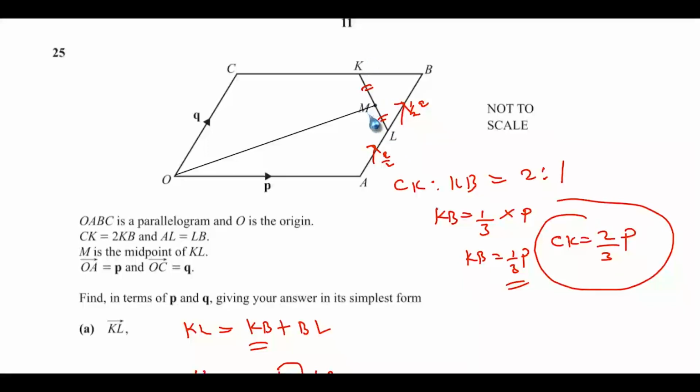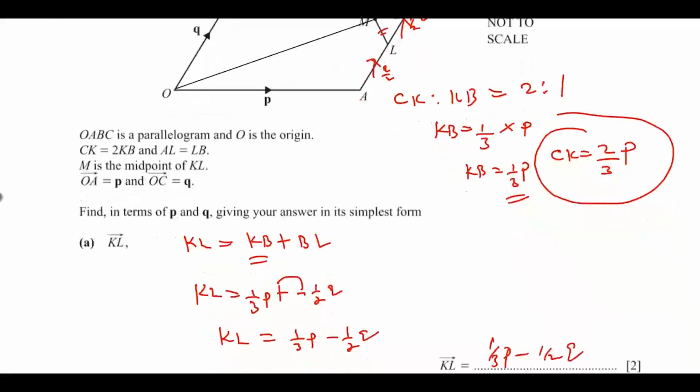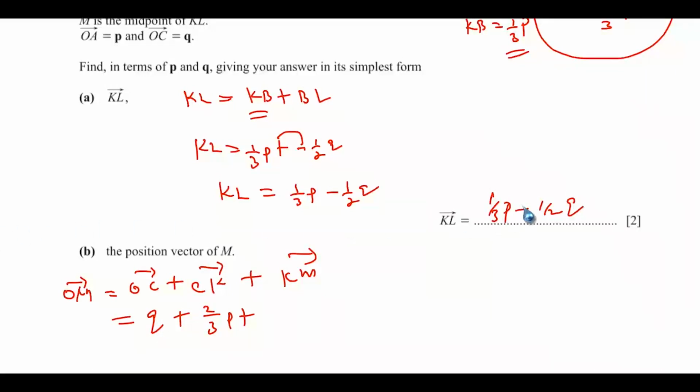So KM will be half of KL, and ML will be half of KL.